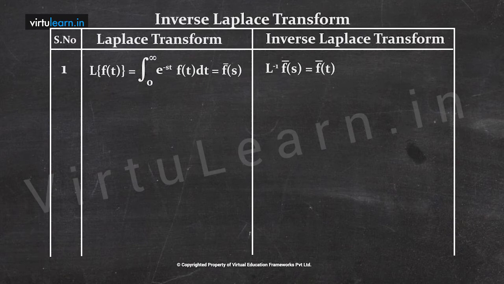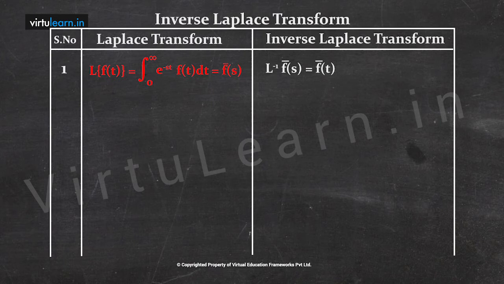Now observe this one, the basic definition of Laplace transform. Once again, Laplace transform of f of t equal to the integral from 0 to infinity of e power minus st f of t dt equal to f bar of s. Here, one side is Laplace transform, the other side is inverse Laplace transform.